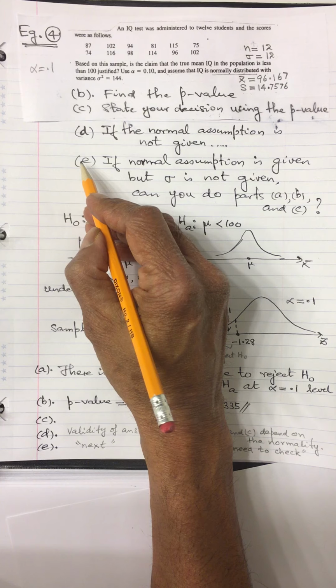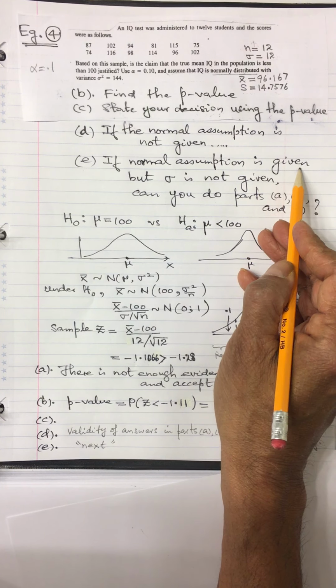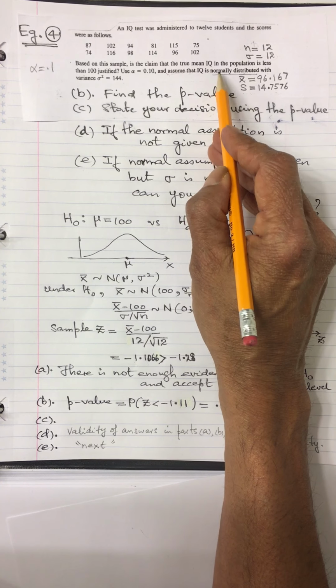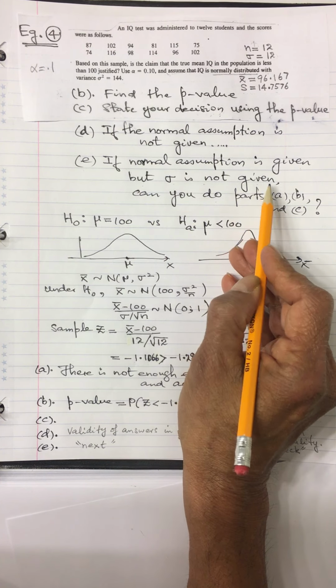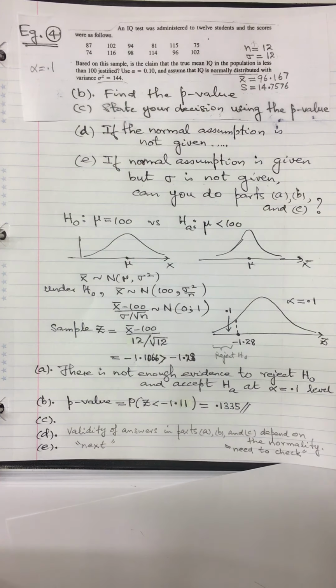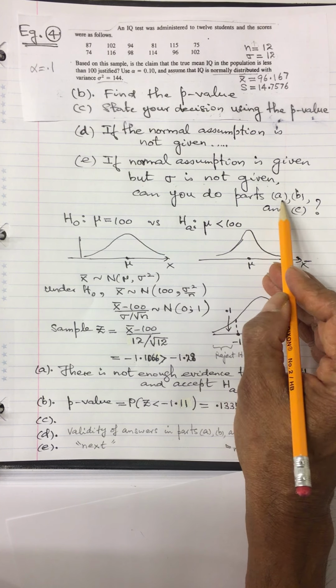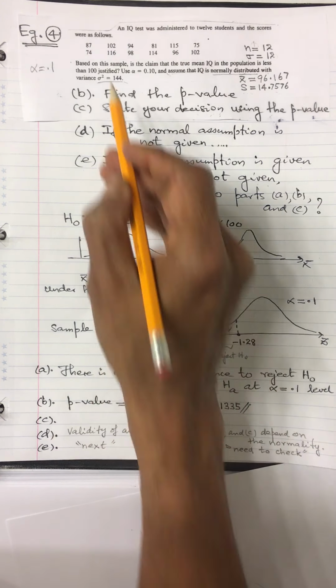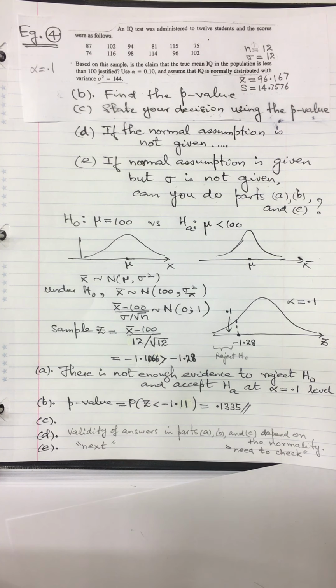Part E, if the normal assumption is given, but the sigma value is not given. Can you do parts A, B and C?